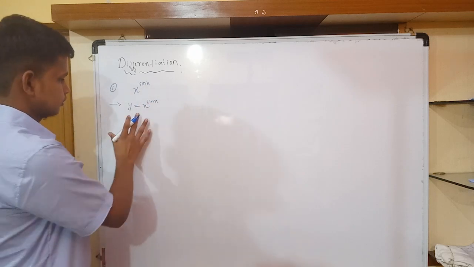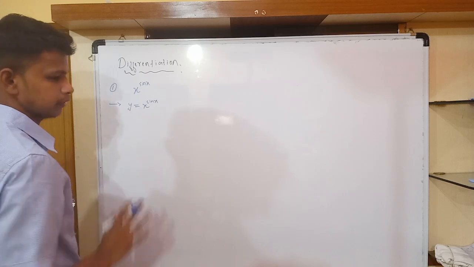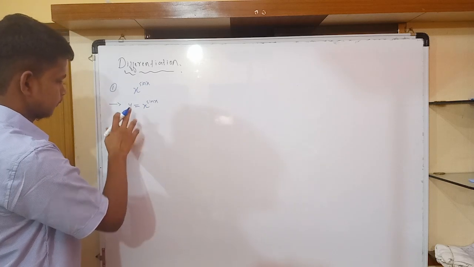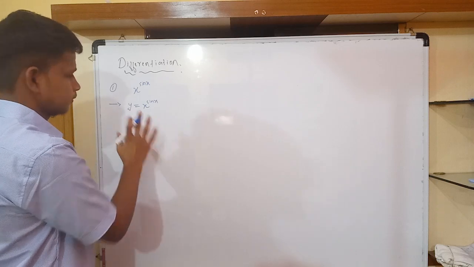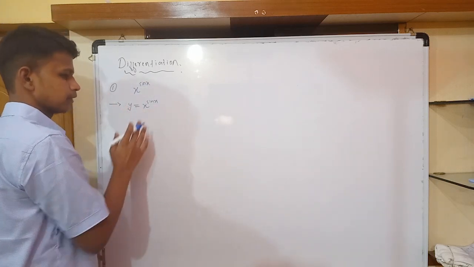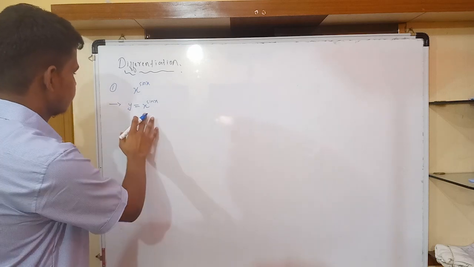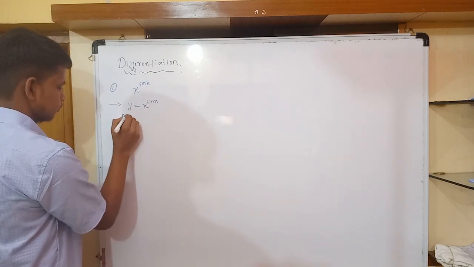After that we have to find the derivative. We cannot apply the derivative directly, because this is function raised to function form. If we have function raised to function form, then we have to apply log on both sides.